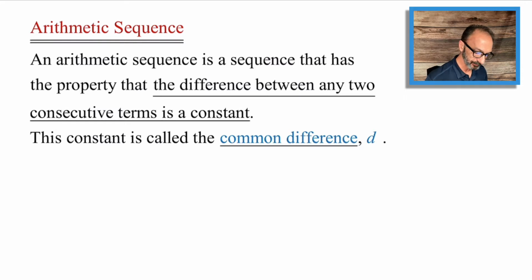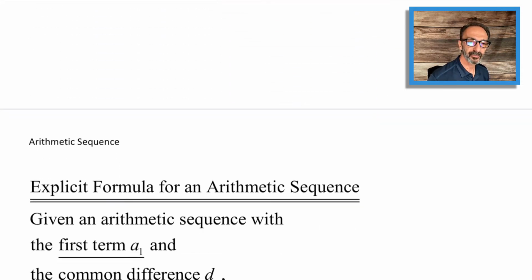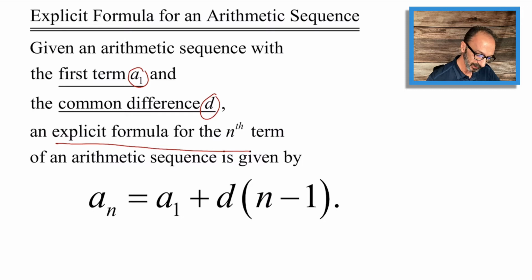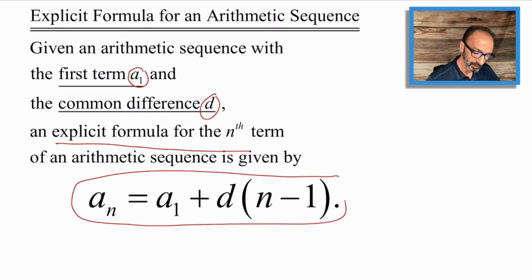So let's get started. Now, the explicit formula for an arithmetic sequence. Given an arithmetic sequence with a sub 1 as the first term and the common difference D, an explicit formula for the nth term of an arithmetic sequence will be given by a sub n, or the nth term, equals the first term adding to it n minus 1 d's.